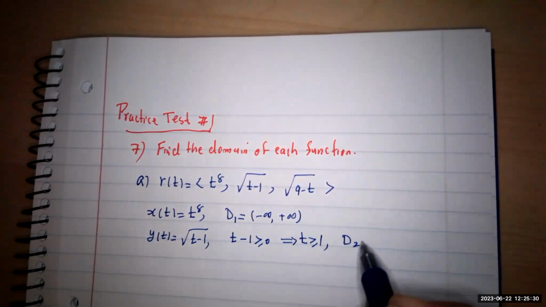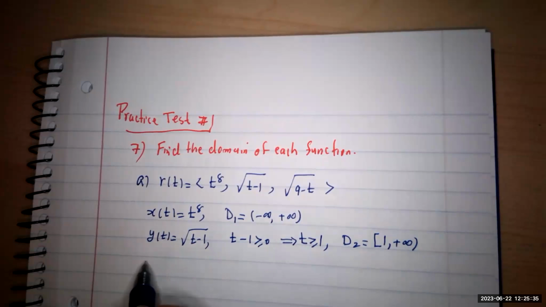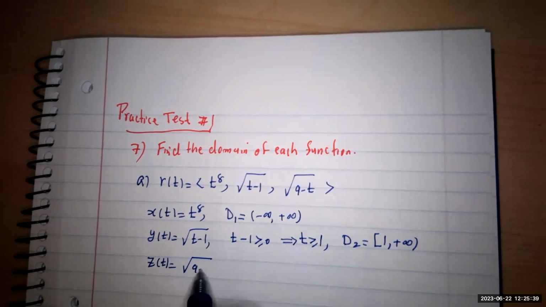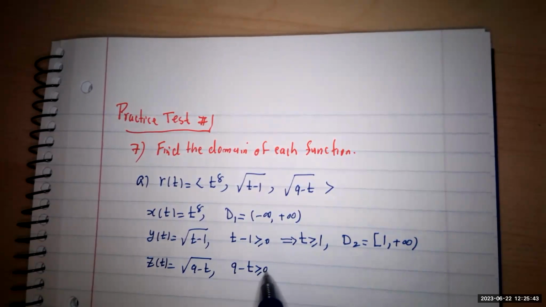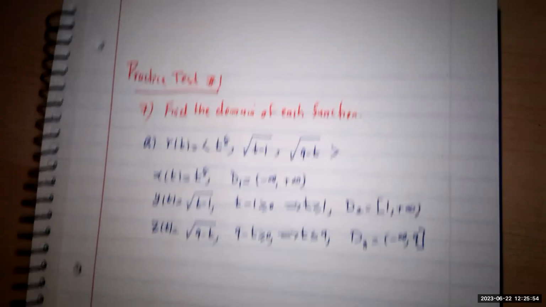So the domain is 1 to positive infinity. And the third one, z of t equal to the radical 9 minus t. So 9 minus t must be greater than or equal to 0, which implies that t must be less than or equal to 9. So the domain of the third one is negative infinity up to 9.